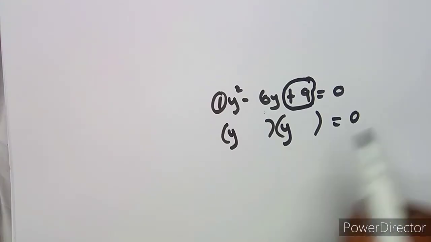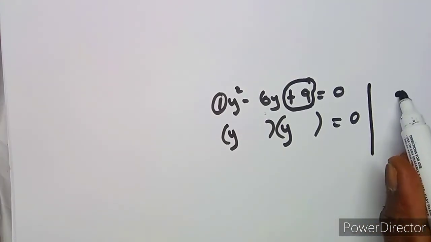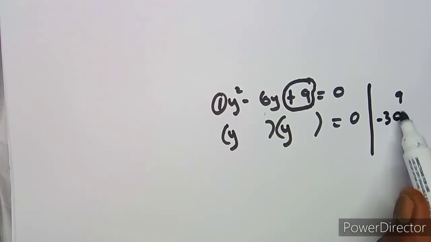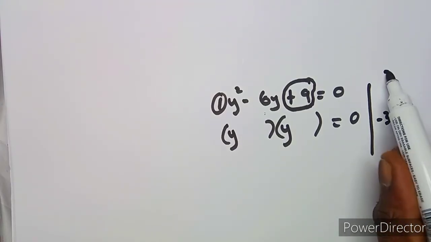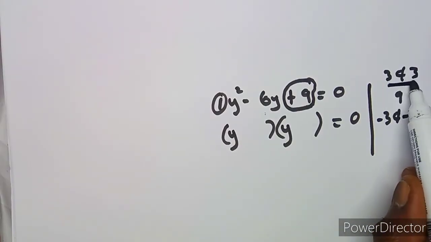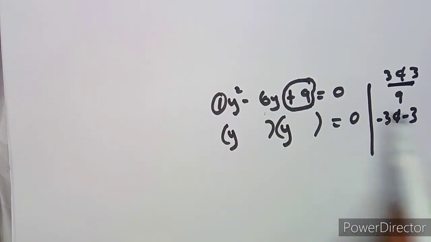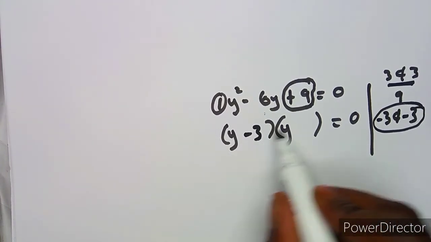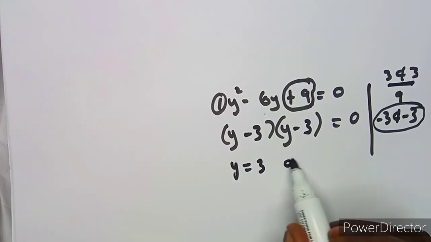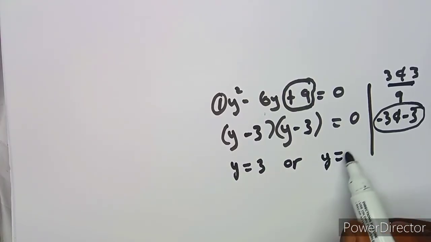What are the factors of 9 which we are going to add to give us minus 6? 3 and 3 will give us 9, but if we add them, it will give us 6, not minus 6. We need something that is going to give us minus 6. So it's minus 3 and minus 3. So as you can see, y is equal to 3, or y will be equal to 3.